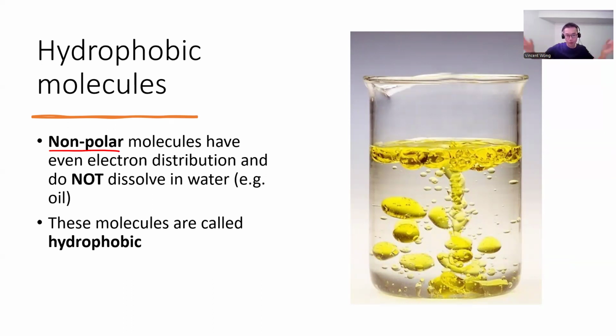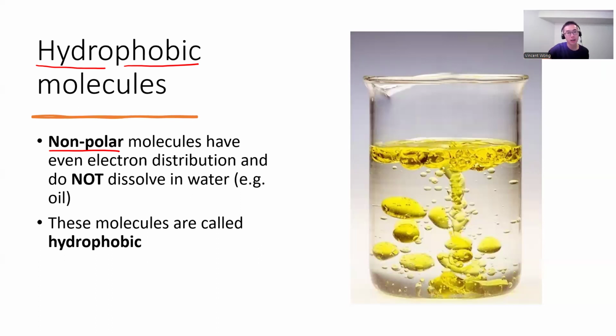There's even distribution of electron in that case. So they cannot dissolve in water, and we call them hydrophobic. Phobic is like the word phobia. It's afraid of water. So water loving and water hating.